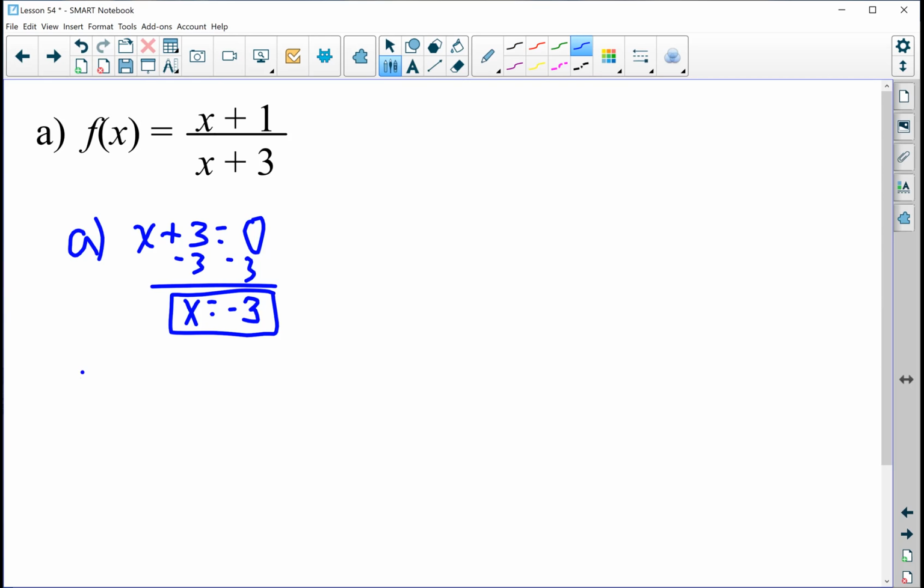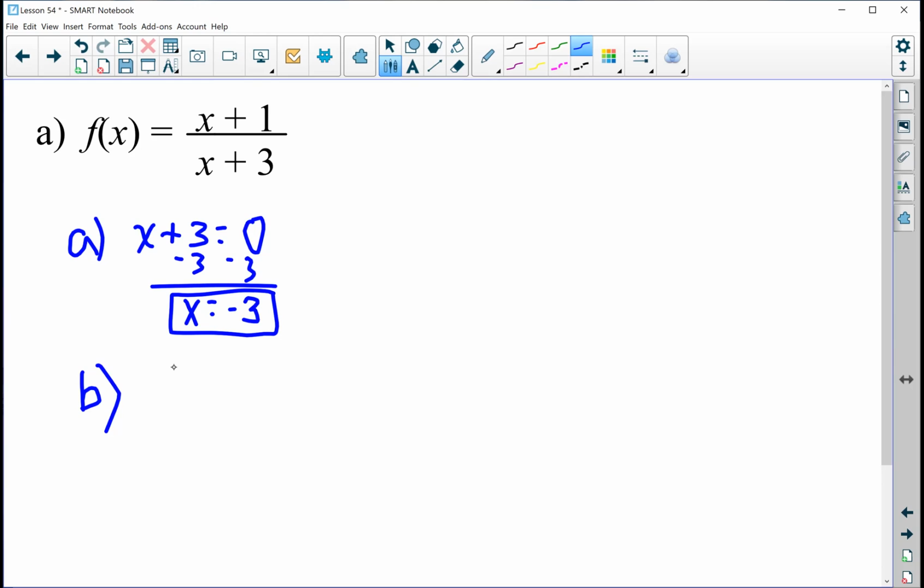Part B asks about the horizontal asymptote. And when we have a rational function, what I can do is take the largest power of x in the numerator and the denominator.